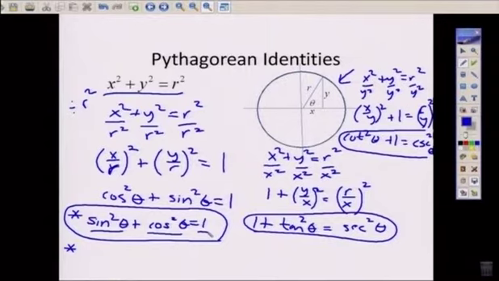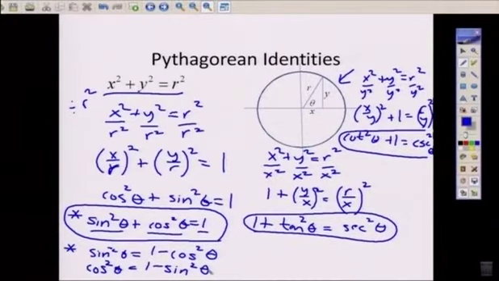I could add or subtract things on both sides, so I could say that sine squared theta is equal to 1 minus cosine squared theta, or cosine squared theta is equal to 1 minus sine squared theta. So just be able to recognize these identities, but also their parts where we just add or subtract different values to the other side.